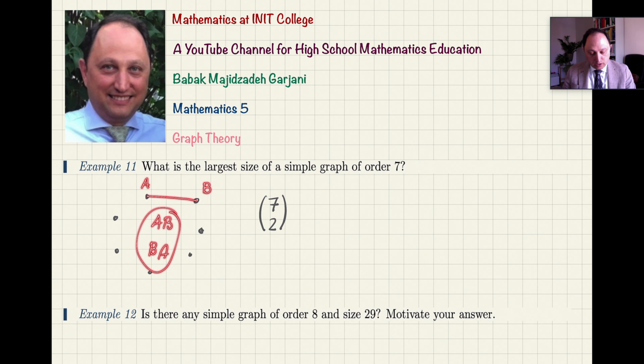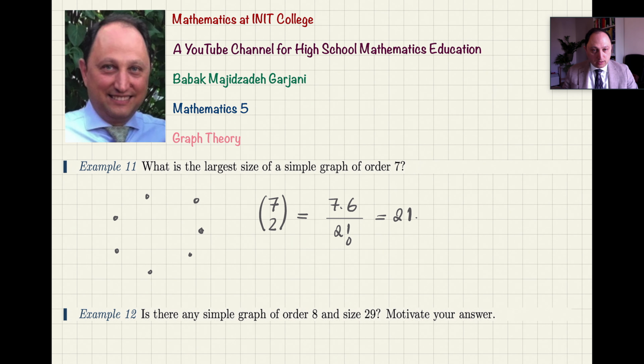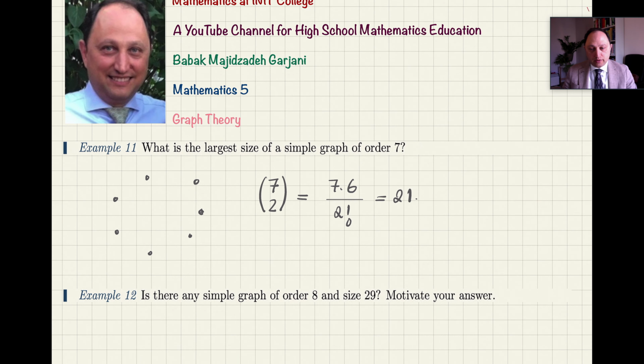They are equivalent, so that's not a permutation problem, that's a combination problem, and that's it. And as you said, if you want to calculate it in any way that you know, this becomes 7 times 6, if you remember, divided by 2 factorial. So the answer would be 21. And that happens if I connect all these points together.